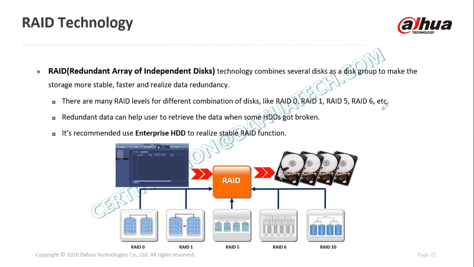In a scenario where you have a lot of hard disks in a recorder, you can apply RAID technology to provide security, make the hard disks work as a group, maybe as one, record faster, and realize data redundancy, so the data will be secure. We have different types of RAID, but the main RAID technology that we use in Dahua is RAID 5 and RAID 10.